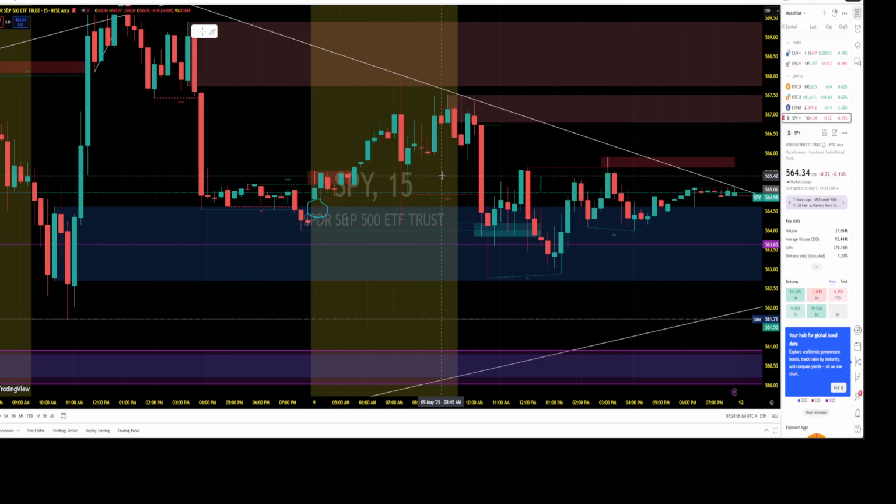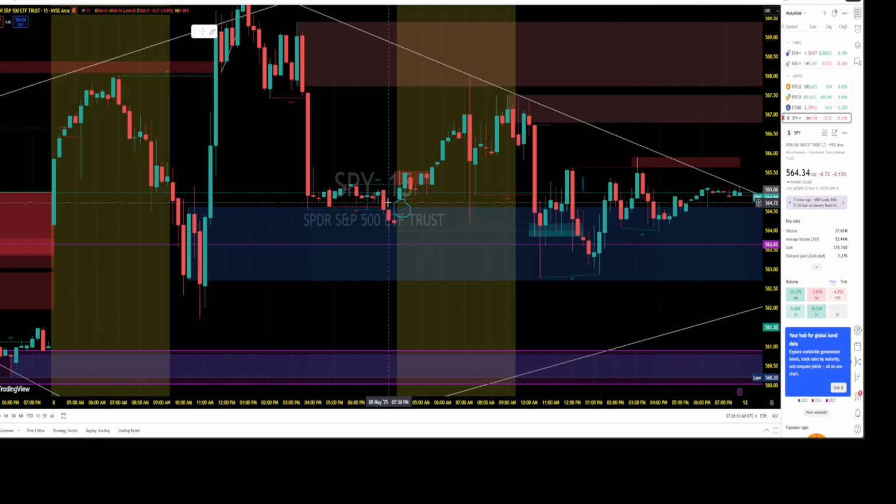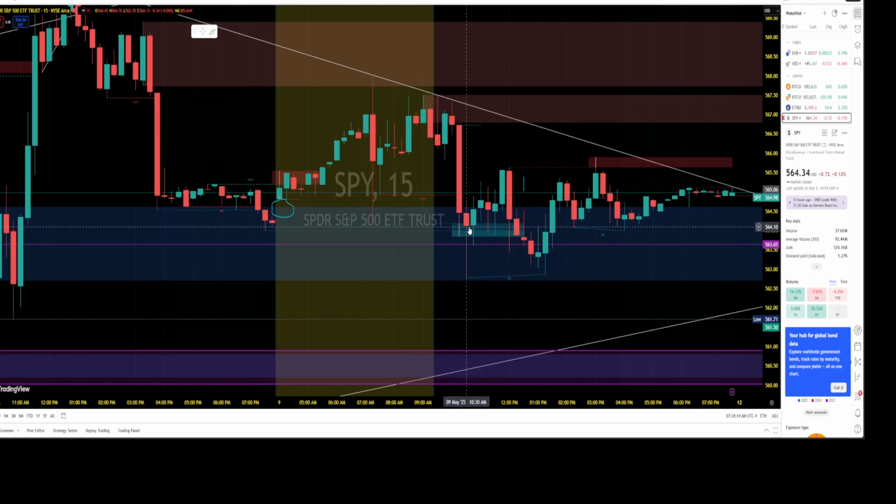Let me just set it up. It tried to fill the gap here, and then once the gap was filled, what happened? You can see right here it made a wick over 15 minutes, and then the market says, okay, this is where I wanted to go. When the gap fills, the market always trades in the range where the gap filled.